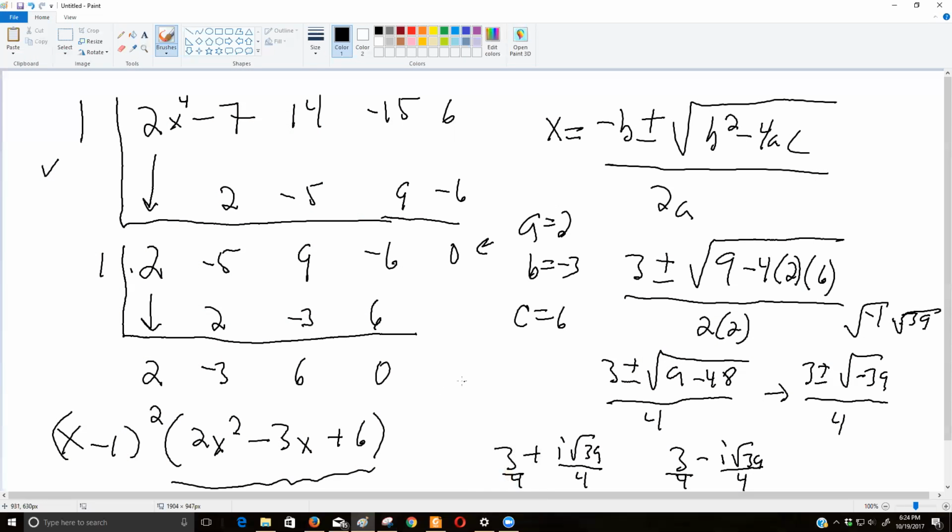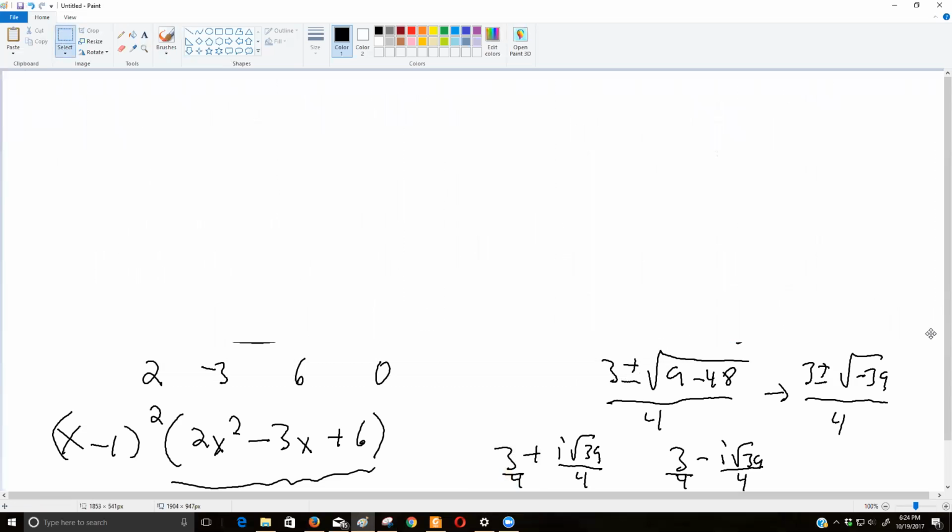Well, let's see. I guess I'm just going to clean this up. I was going to get fancy. Let me get rid of this work here. And since we're looking for linear factors, I really should be writing x minus 1 times x minus 1, though I don't think it's wrong to leave it as x minus 1 squared, but they are talking about linear factors.